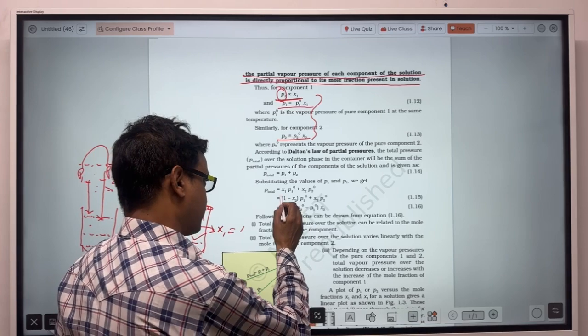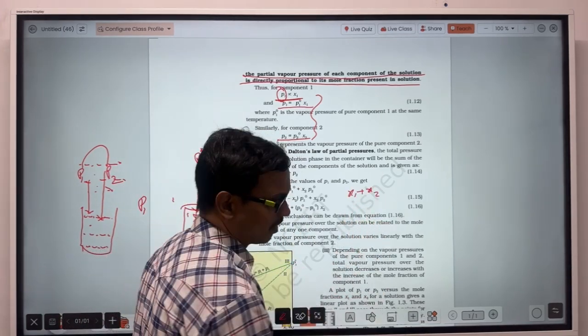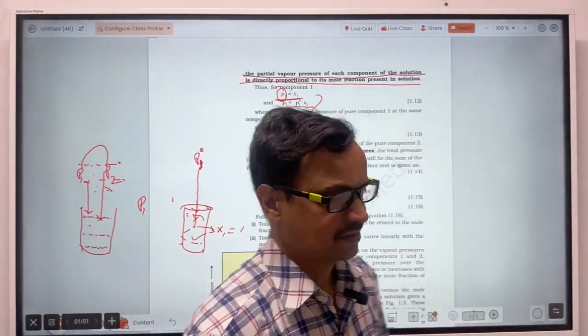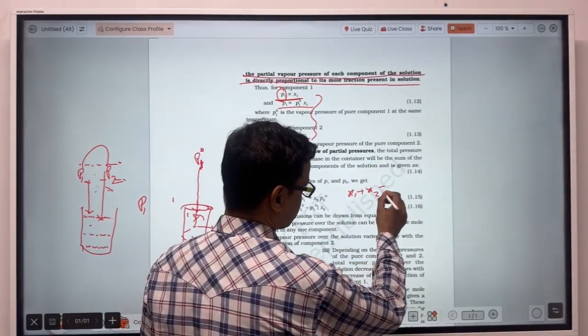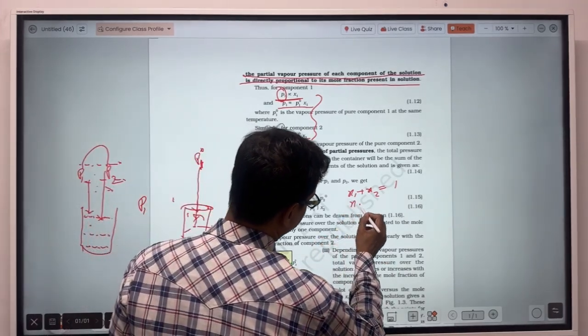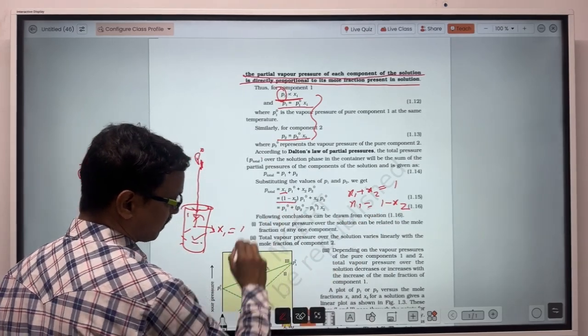Now chi 1 will be equal to, because it is a binary solution, for a binary solution you have studied that chi 1 plus chi 2 will be equal to 1. So chi 1 will be equal to 1 minus chi 2. So that has been put in place of chi 1.